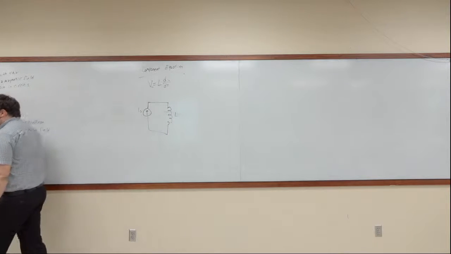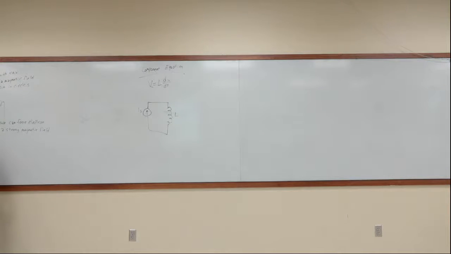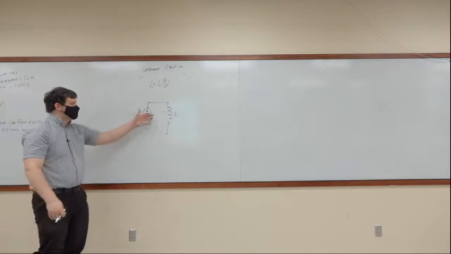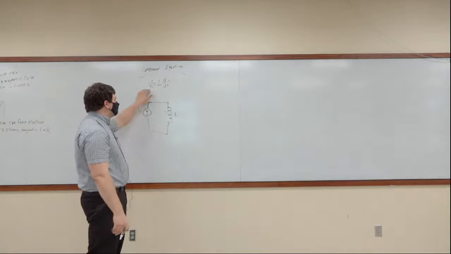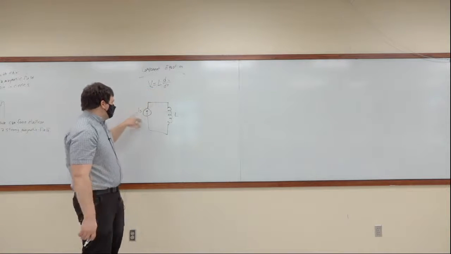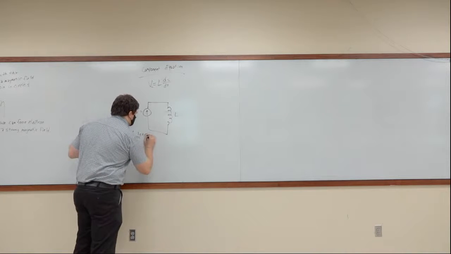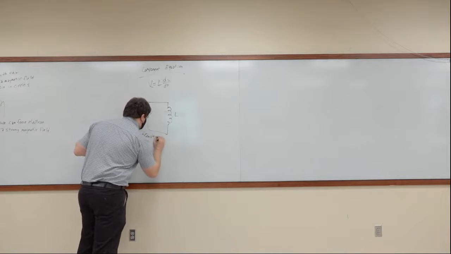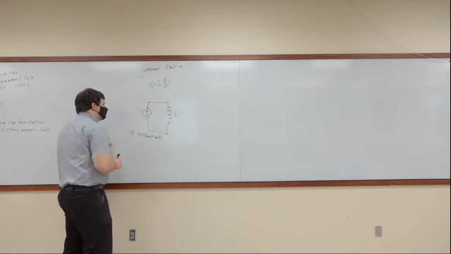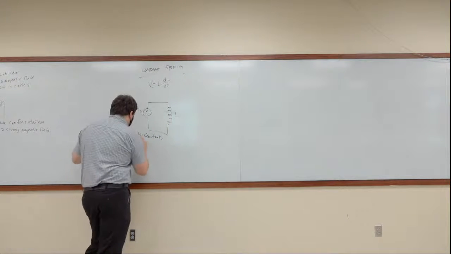According to KVL, we know that all of the voltage provided by the source is equal to all of the voltage that's consumed by your inductor. Because of this relationship, if Is is constant, what that means is that Vs is equal to 0, because that's also equal to VL.